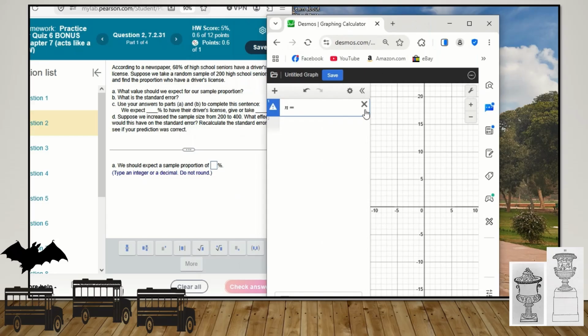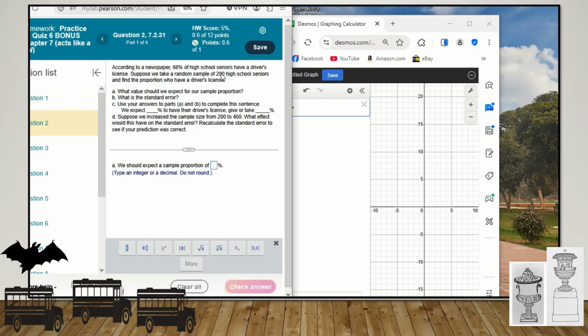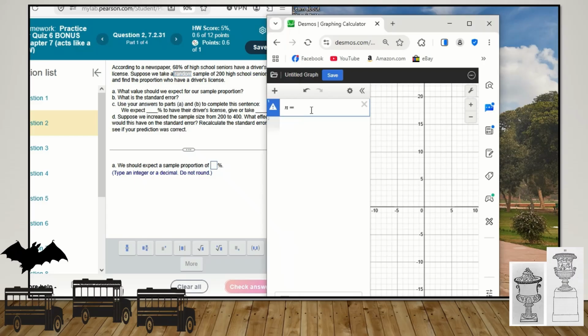So for example, remember n means the sample size, and as we can see up here, it's 200. We did a random sample. Notice also it says random, so that means we can use the standard error. We should check into the CLT if we're going to make any confidence interval concepts, but we can still make these values.